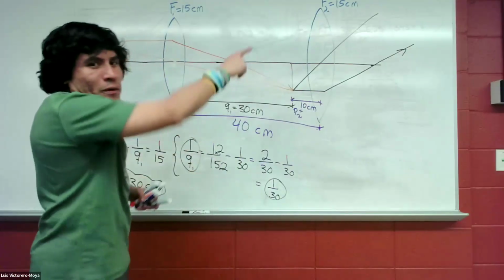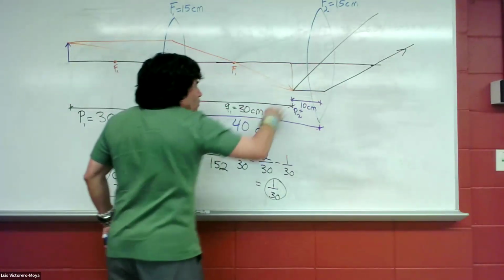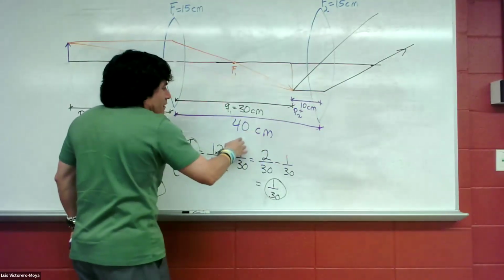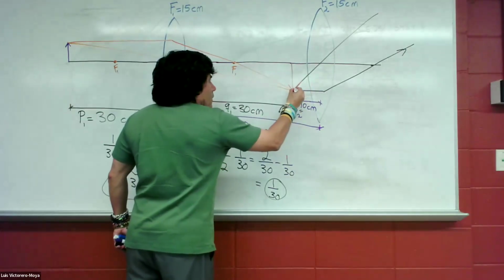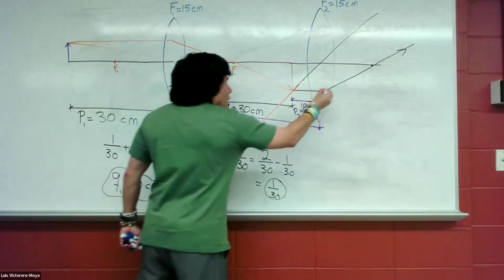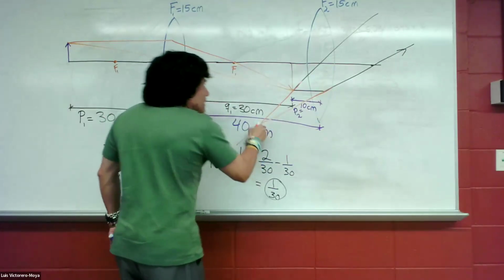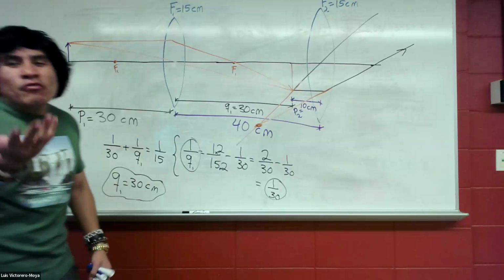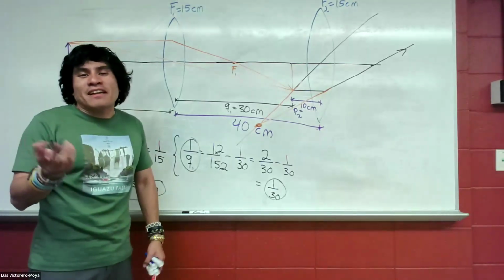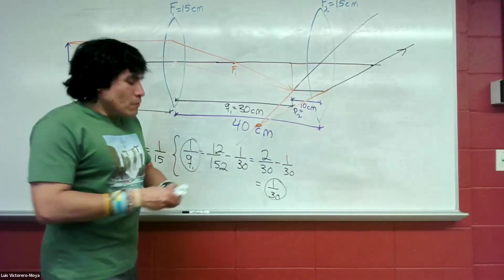Ooh, they are not going to intersect over there. So what we have to do is project this. It's going to be around here. If I extend this, there. My image is going to be behind or in front of the second lens, basically. It's going to be a virtual image at the end. Well, let's take a look.